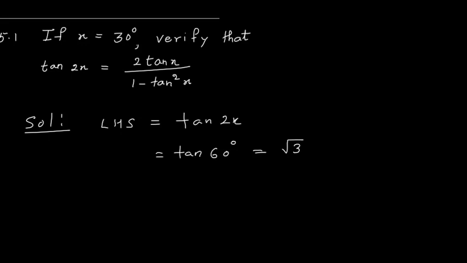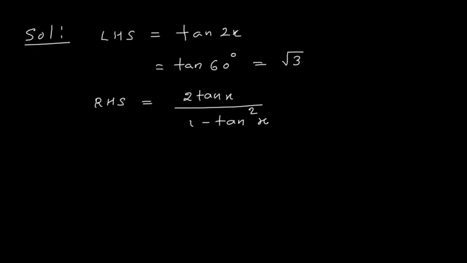Now right hand side is 2 tan x divided by 1 minus tan square x. So this is equal to 2 into tan 30 degree divided by 1 minus tan square 30 degree.